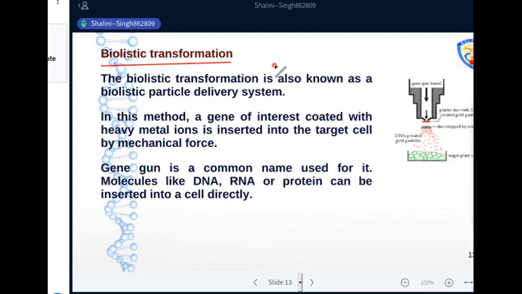The system was first developed in 1987, and initially explosives were used to propel these microcarriers from the screen to the plant material. But nowadays, helium gas is used for the propulsion of these microcarriers.